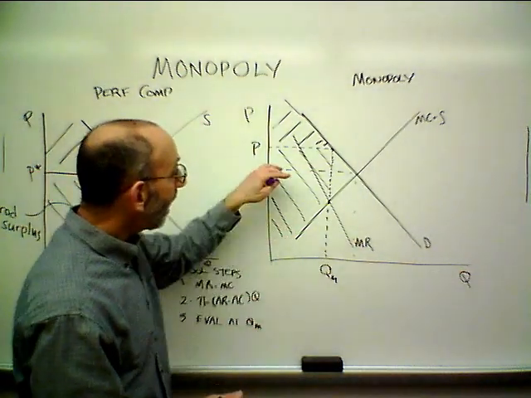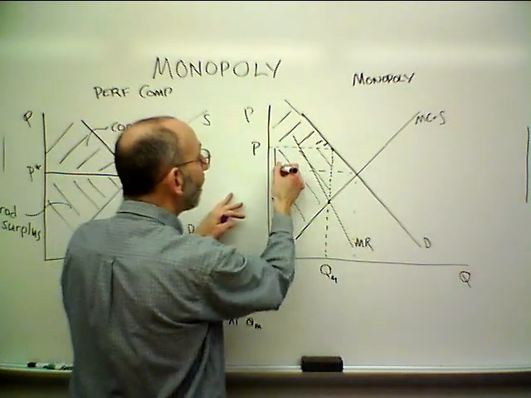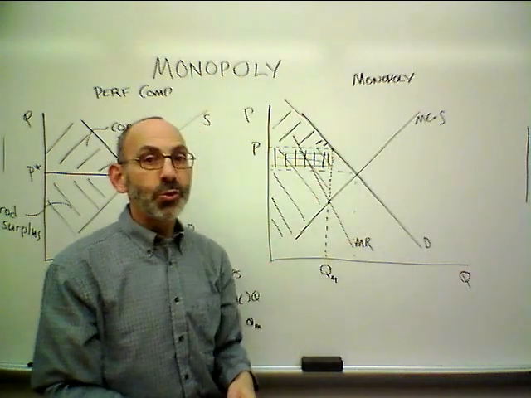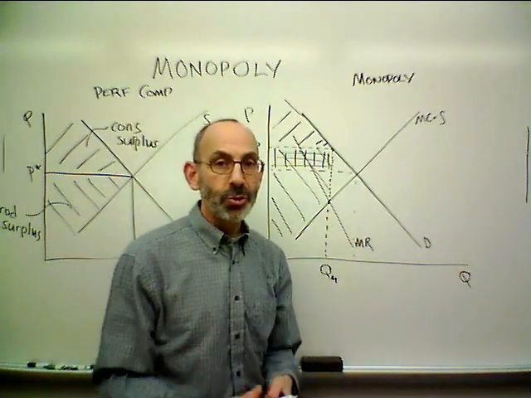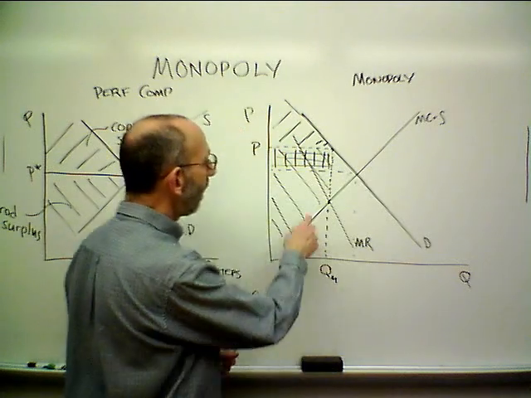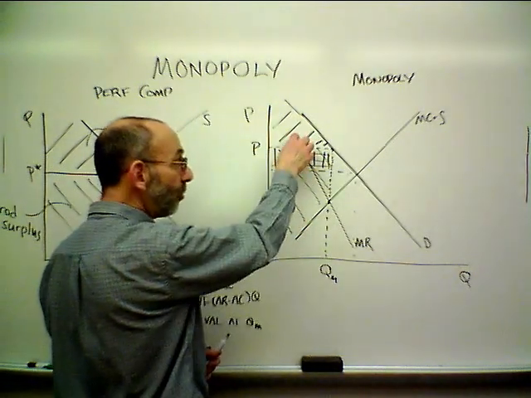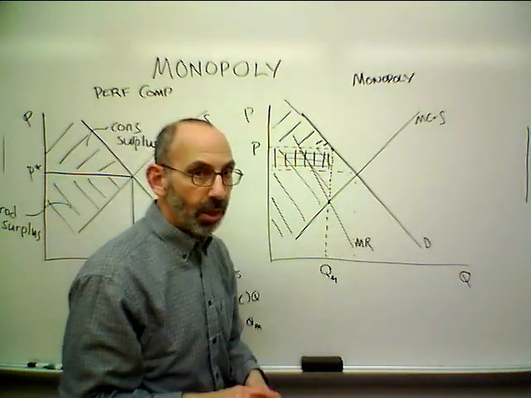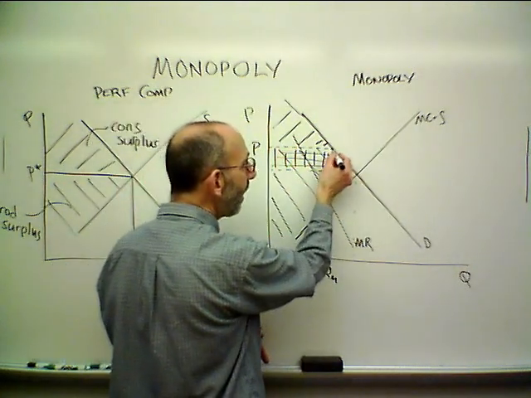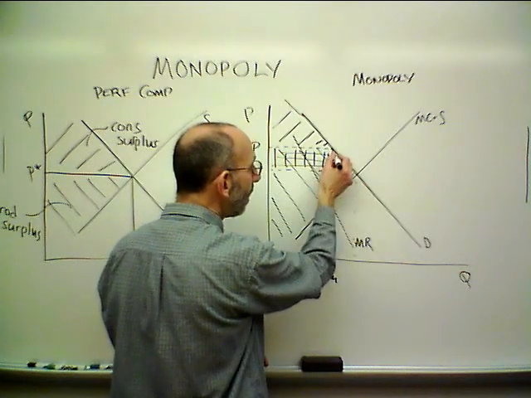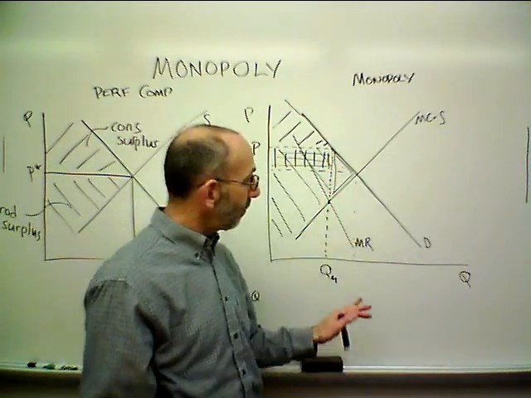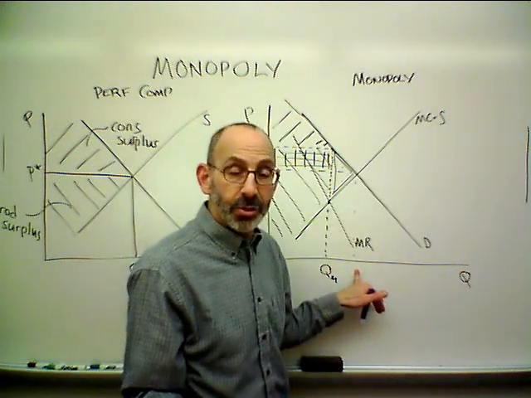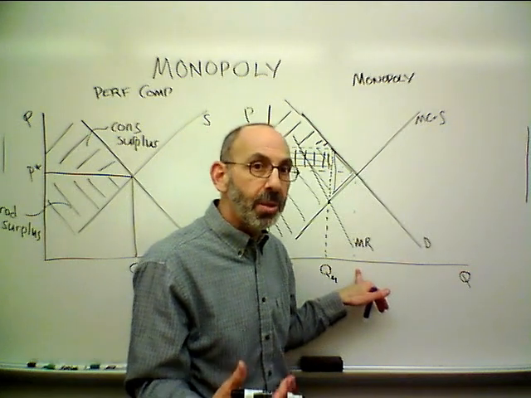So what's happened? What's happened is, well, part of what had been consumer surplus has been transferred from consumers to producers. Besides that, the consumer surplus shrinks, the producer surplus includes some that is transferred from the consumers, and then there's this wedge out here, which was part of consumer and producer surplus when we manufactured the greater quantity that would have been manufactured and sold, obtained in a perfectly competitive market.